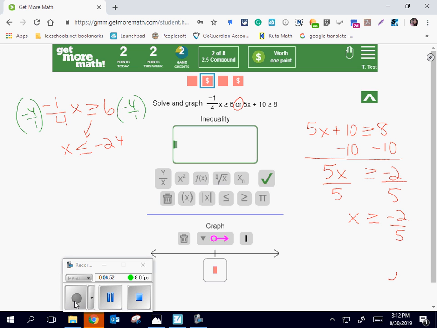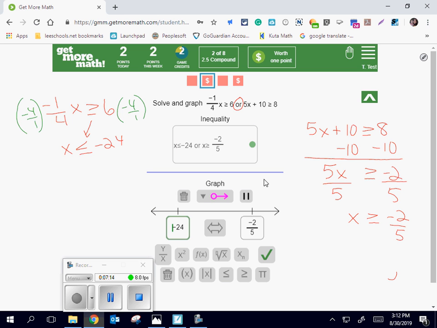So my answer for the solution is just typing those two in. I have x is less than or equal to negative 24, or x is greater than or equal to negative 2/5. Hopefully I didn't mess up there. Let's check. Oh, I was good.